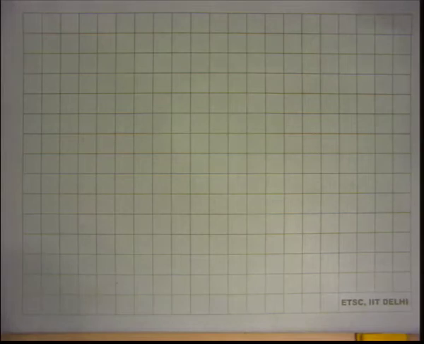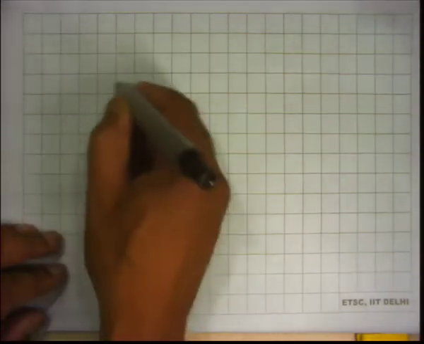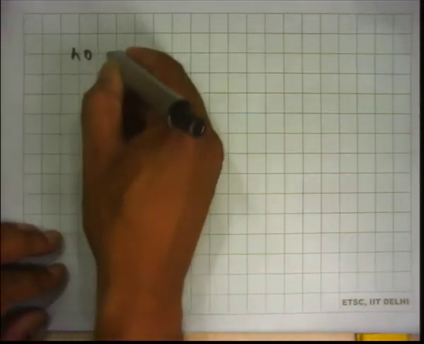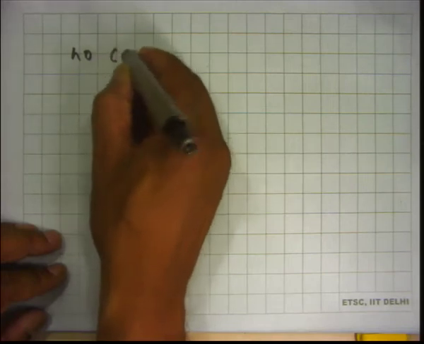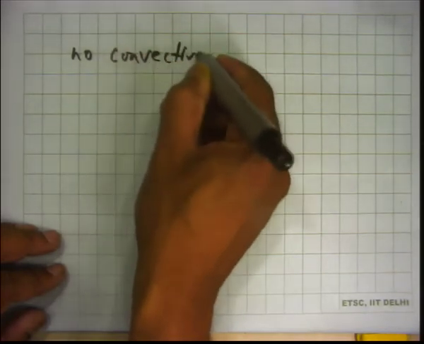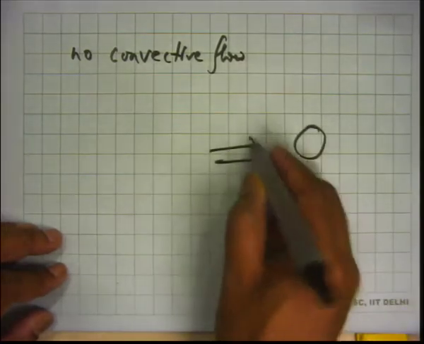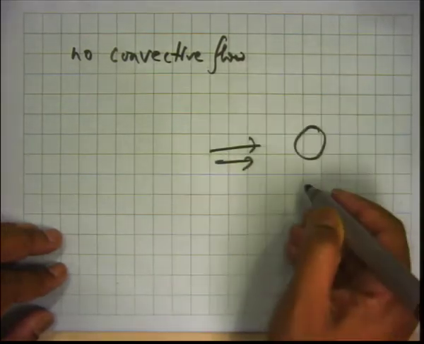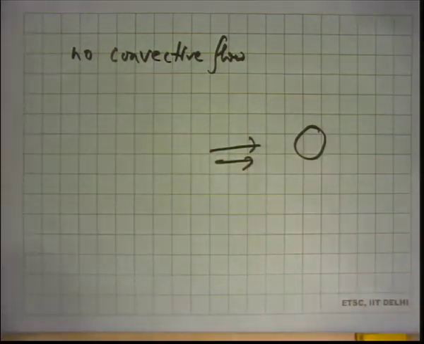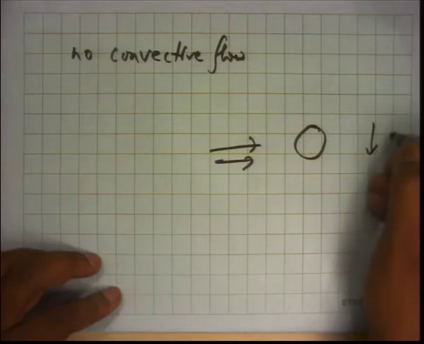That can happen if there is no convective flow, in the sense that, okay, you have this droplet, you are not blowing air or something from some direction. If you are not doing that, and also there is no gravity.